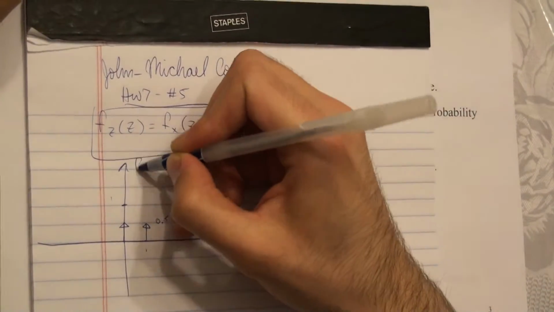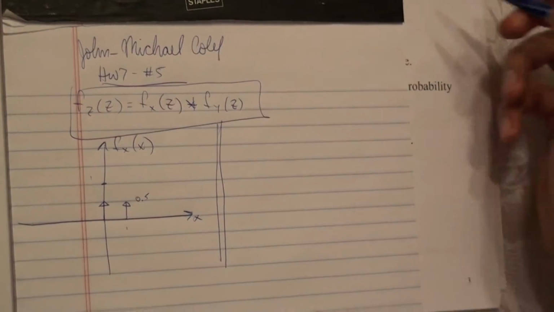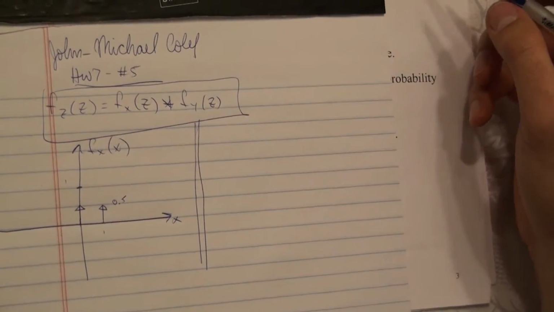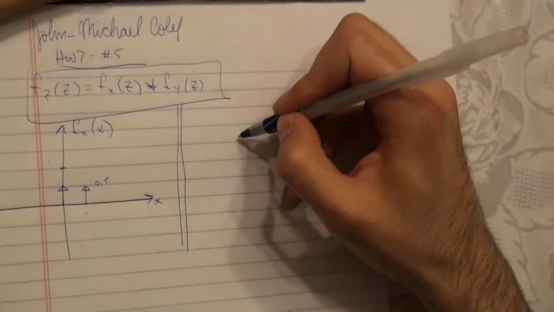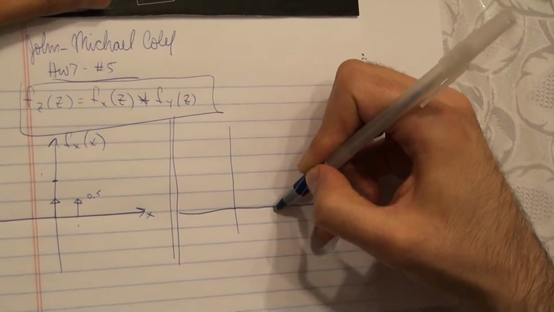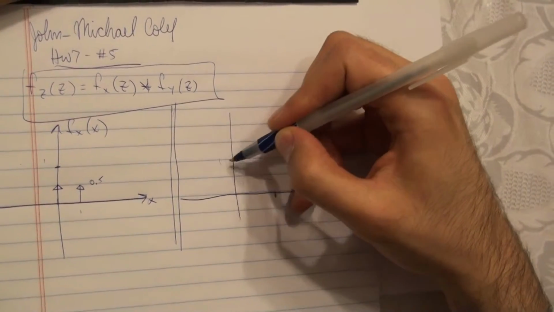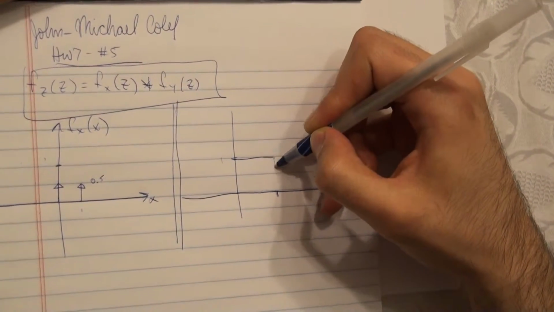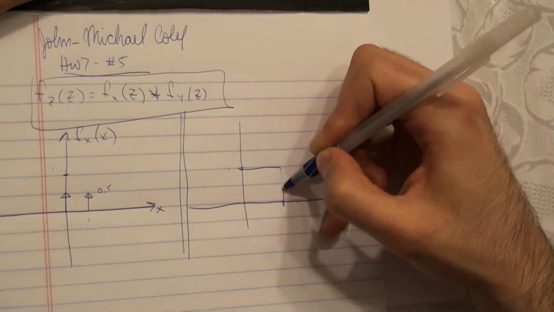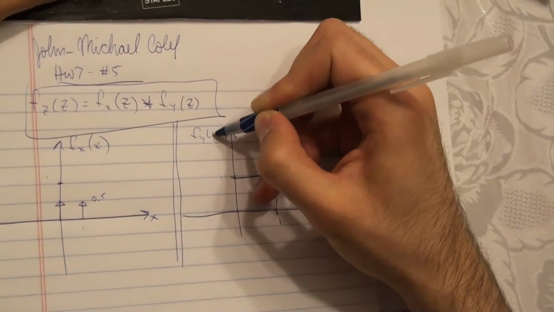This is x, this is little fx of x. Fy is a continuous random variable. It's uniform from 0 to 1. So this is 1 and it's uniform, so the height, this is also 1, should be 1 because it's uniform. So this is 1 here and this is fy of y.